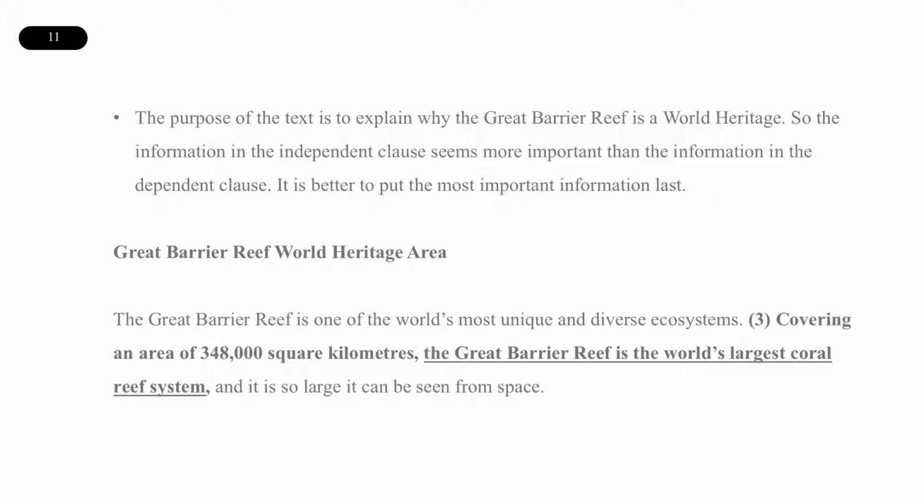Finally, the purpose of this text is to explain why the Great Barrier Reef is a World Heritage. So the information in the independent clause would seem to be more important than the information in the dependent clause of number 3. And it's better to put the most important information last.